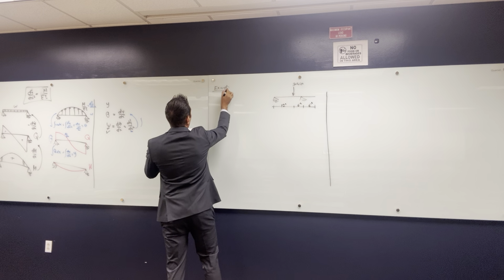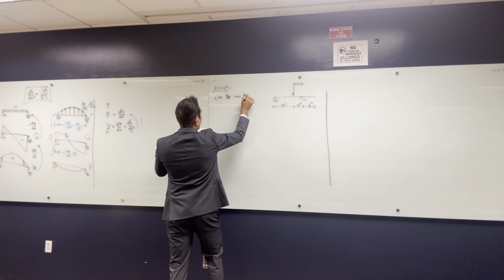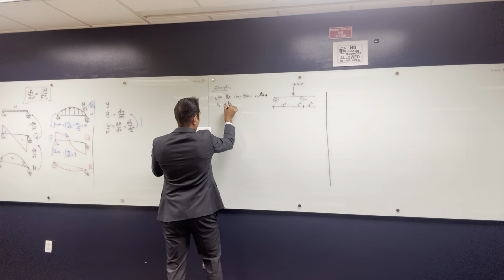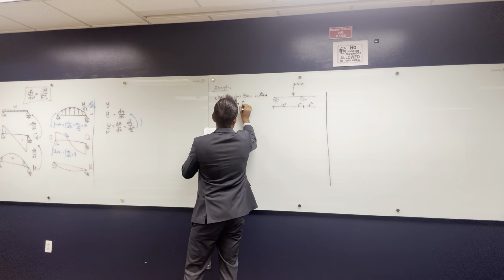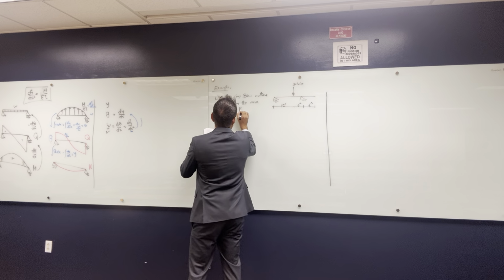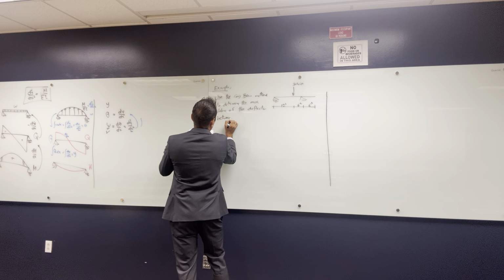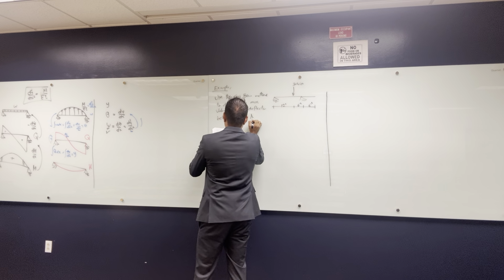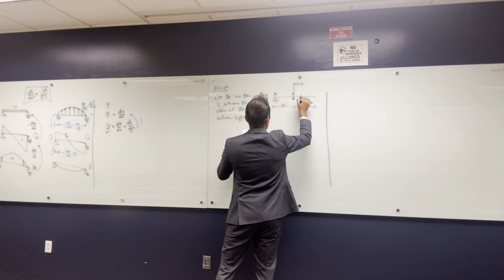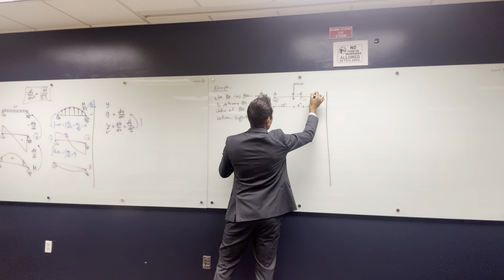And what I'm asking for: use the conjugate beam method to determine the maximum value of the deflection between support A and C. That's A, that is B, this is C, and that is D, all right?